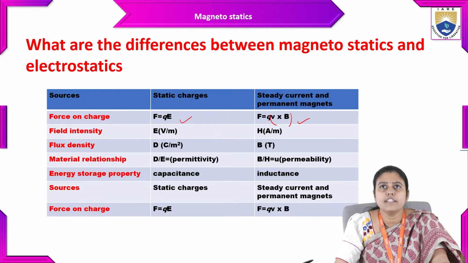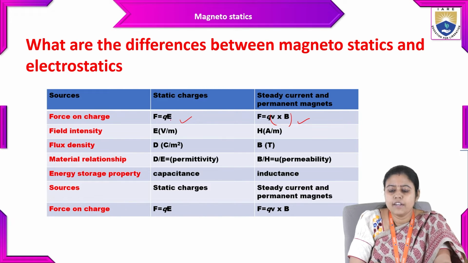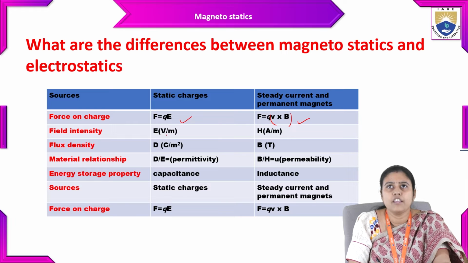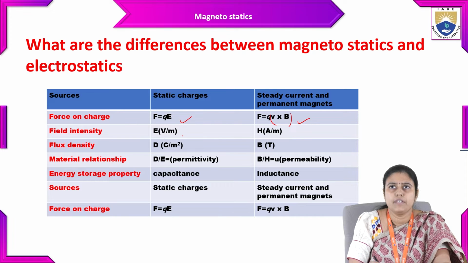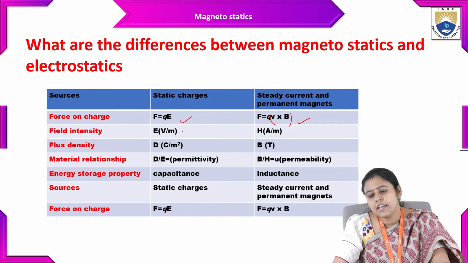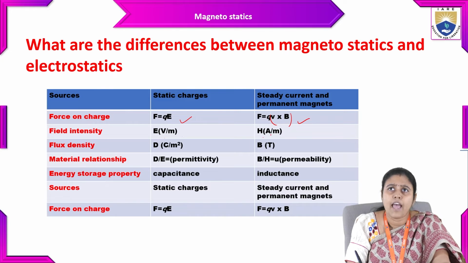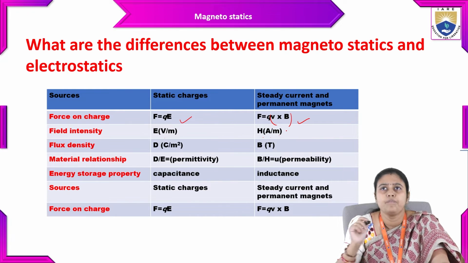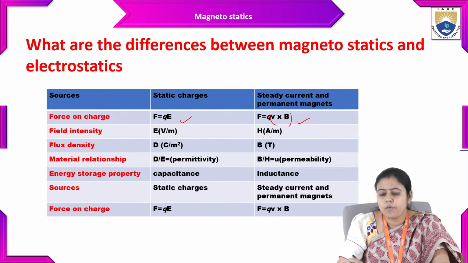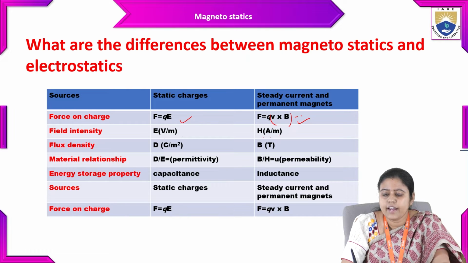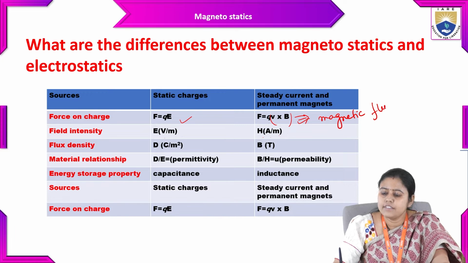What is the field intensity? As we told here, field intensity is E and the unit is volt per meter. Field intensity in the case of the magnetic field is H, and it is ampere per meter. And what is B? Here B is the magnetic flux density.